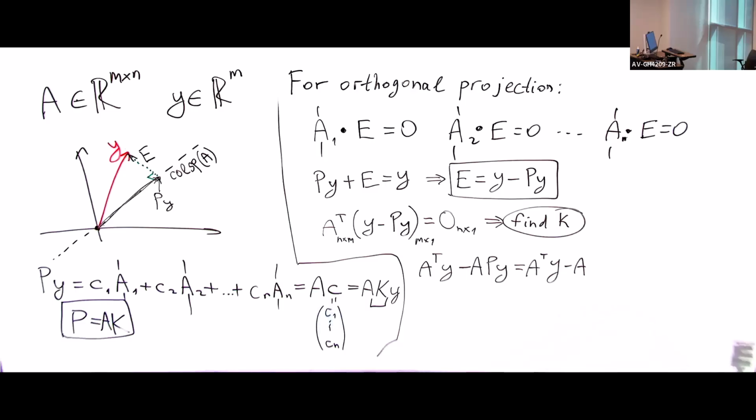That will be minus A transpose AK y equals 0. Right, so far. A transpose y minus A transpose Py. So it's A transpose, a distributivity law. It's A transpose y minus A transpose Py.